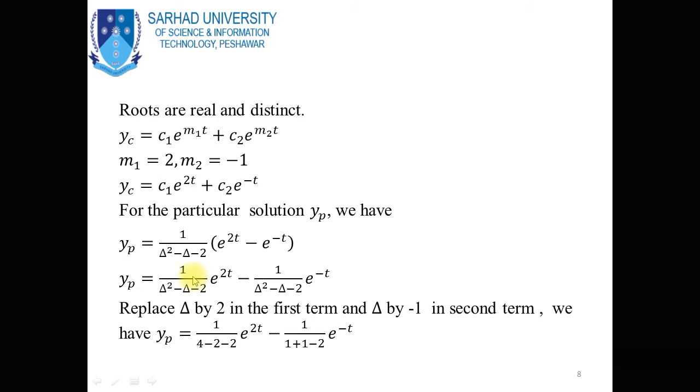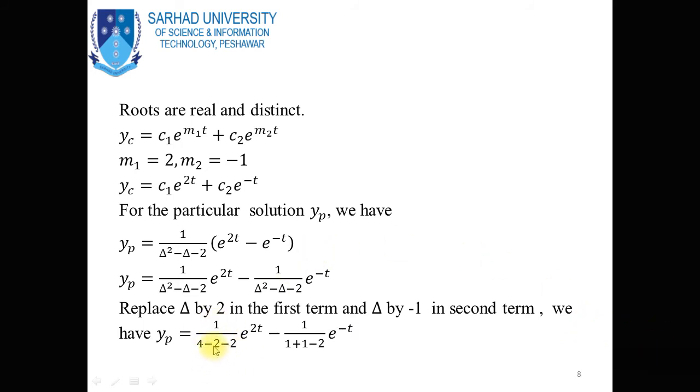For the particular solution, in case of exponential, we have already discussed, we replace this del by 2 in the first term and replace this del by minus 1 in the second term. So the particular solution is 1 over (4 minus 2 minus 2) e power 2t plus 1 over (1 plus 1 minus 2) e power minus t.